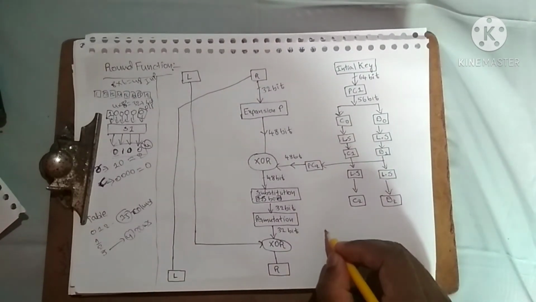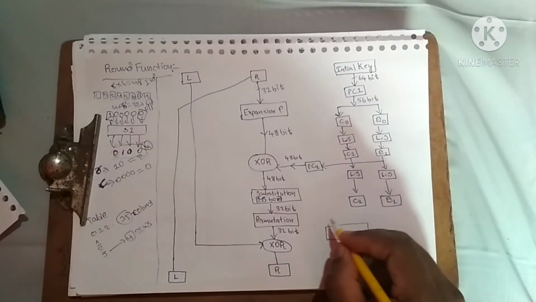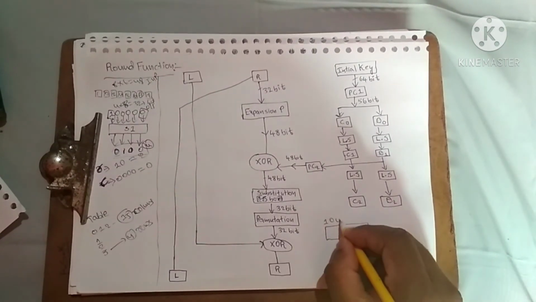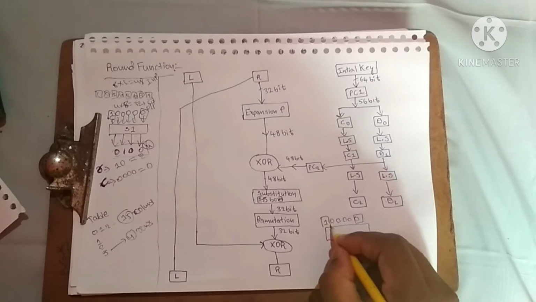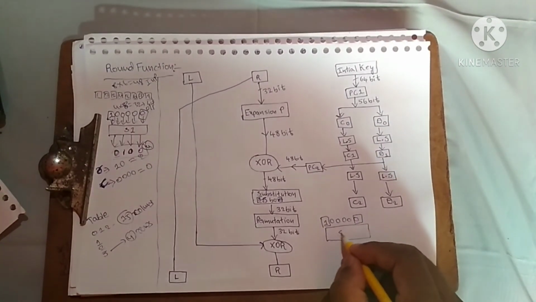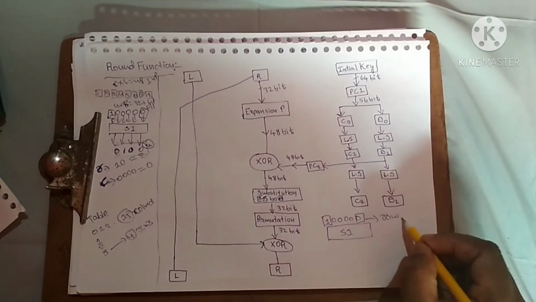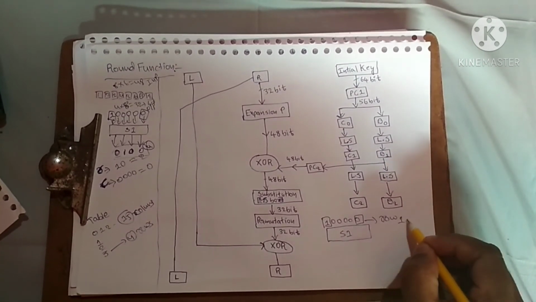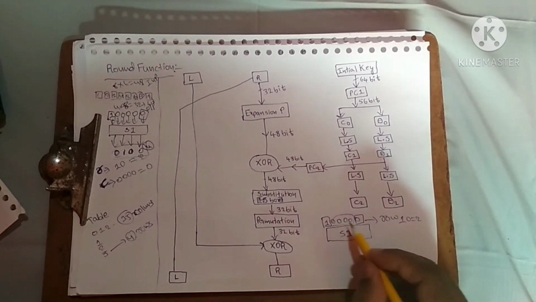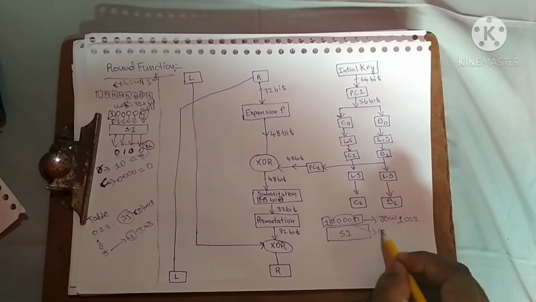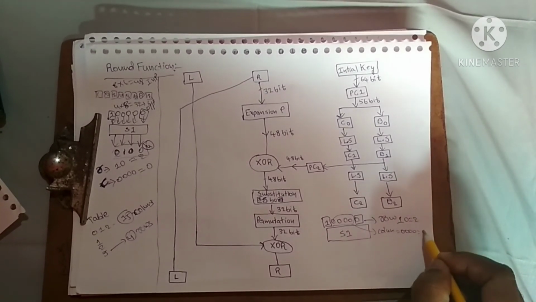So here the S1 is taking input as 1 0 0 6 bits. These two represent row value 2. Next, the middle 4 bits represent column 0 0 0 0.